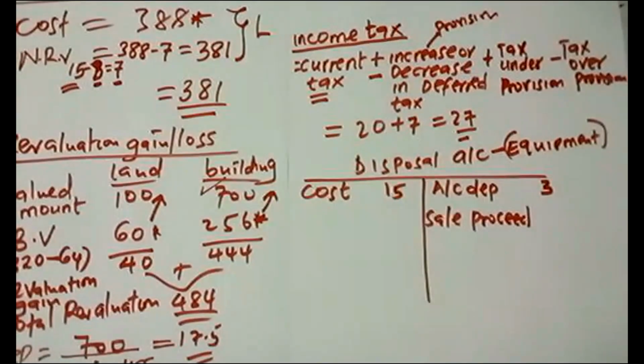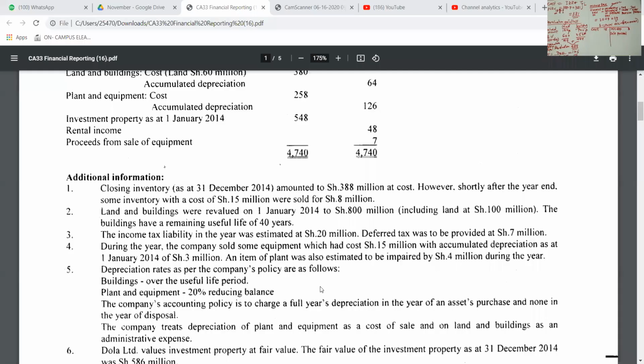What about the sales proceeds? In this statement, they say during the year the company sold some equipment which had a cost of 15 million with accumulated depreciation as at 1st January 2014 of 3 million.